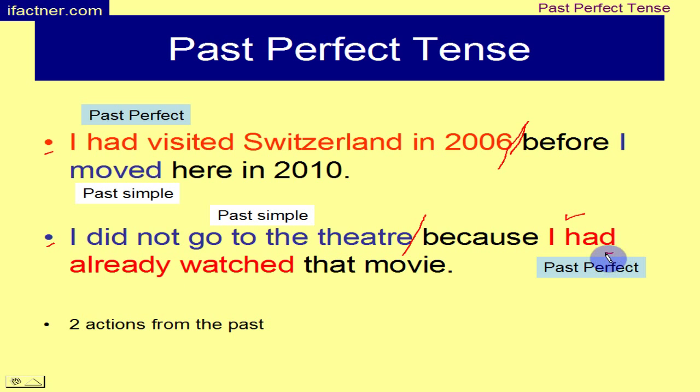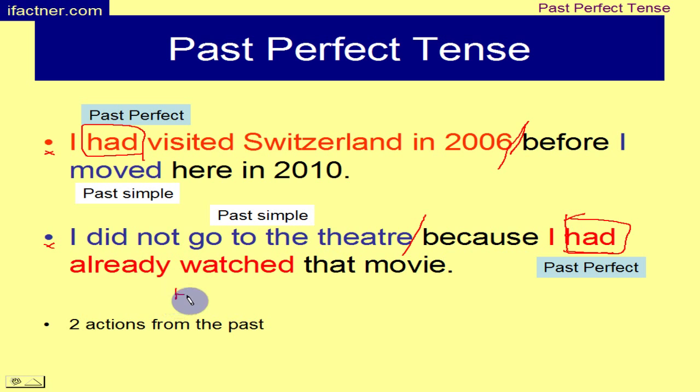Remember, wherever we use had, it means that we are using past perfect tense in most situations. From these two examples, we notice that we use past perfect tense for two actions in the past.